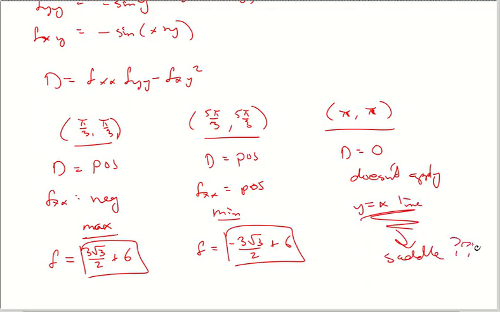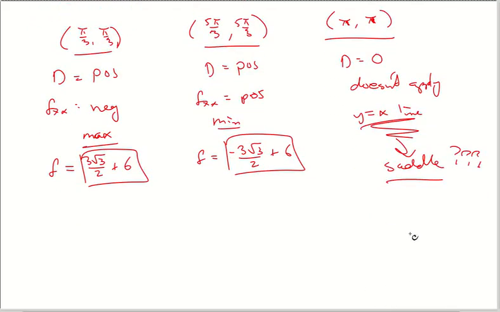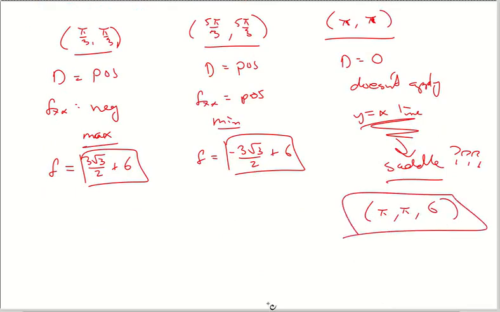But yes, it's a saddle, so you know this problem now. Therefore, it's pi, and my f value, if you plug the pi's into the original, you actually get a 6. So this is what goes in that last box. Box 1, box 2, box 3, or part A, part B, part C: max, min, and saddle.